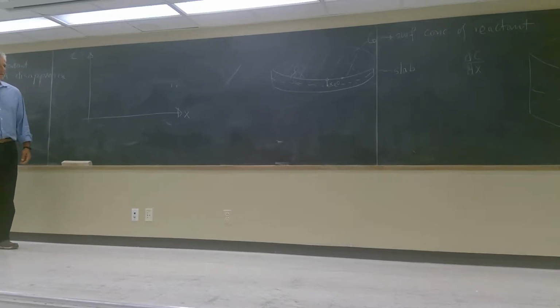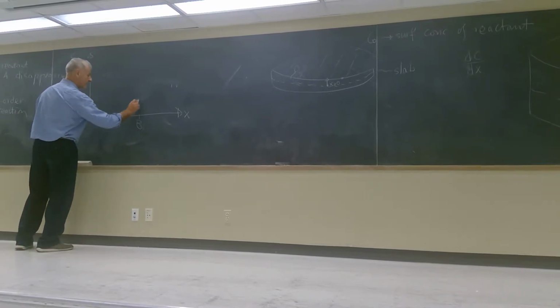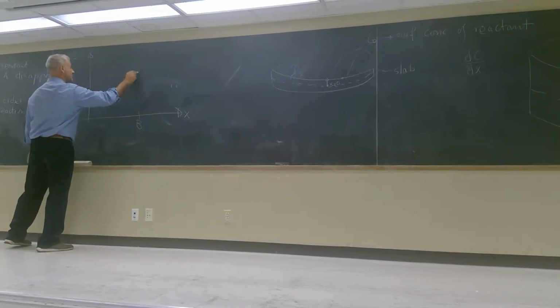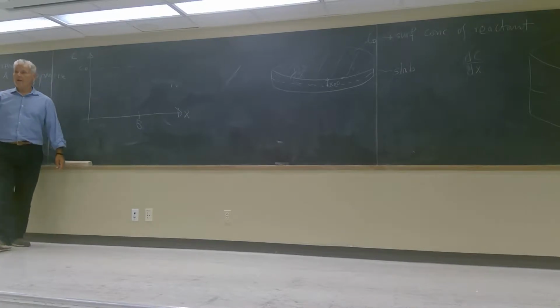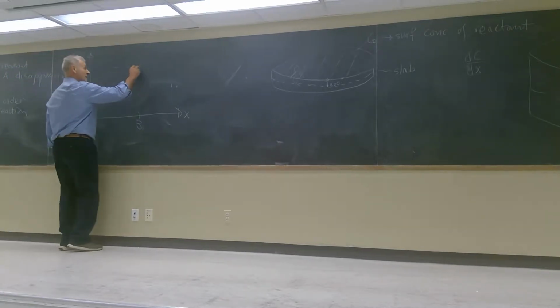Remember, this is the concentration profile of the reactant. The concentration of the reactant on the surface of the coin-like catalyst is going to be the highest. It's going to be C0. In other words, this point here will be C0.